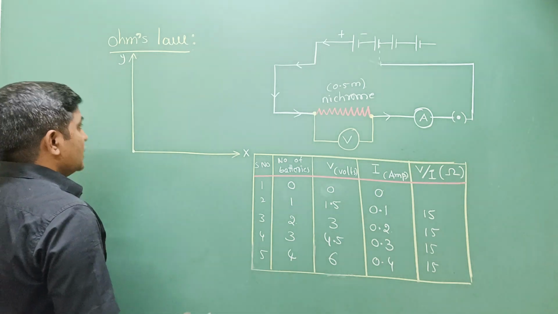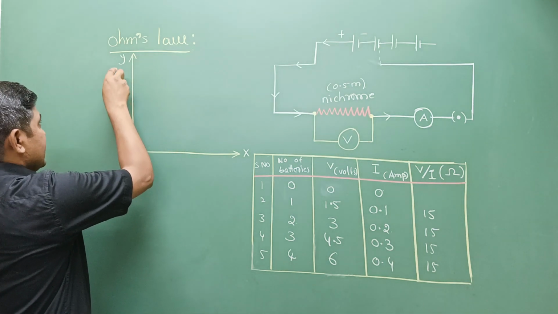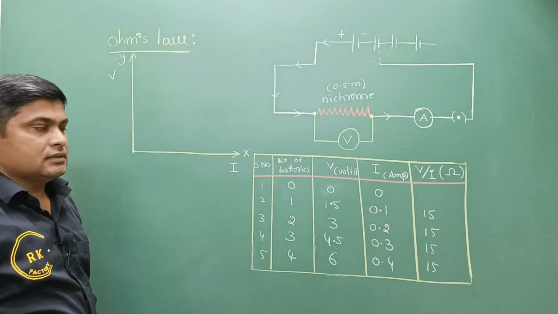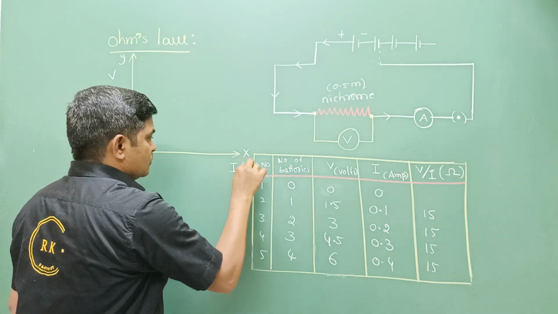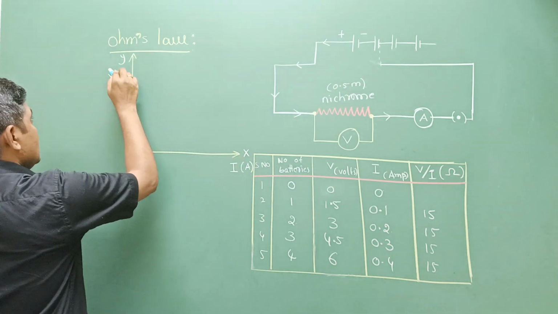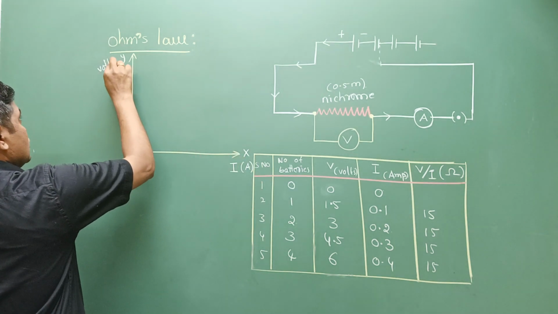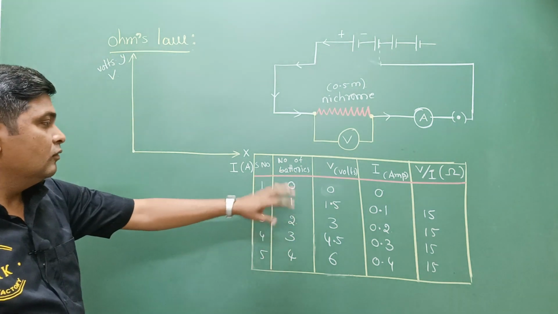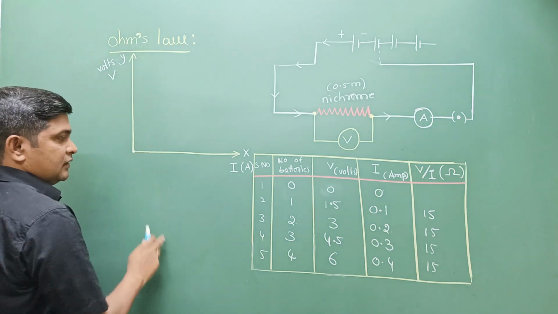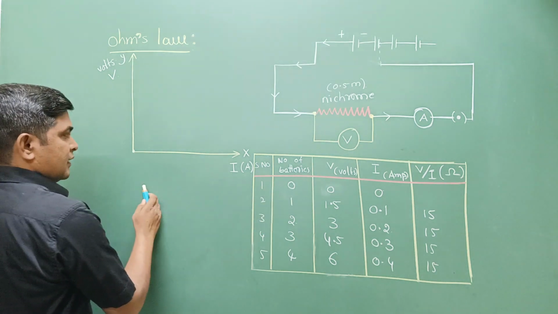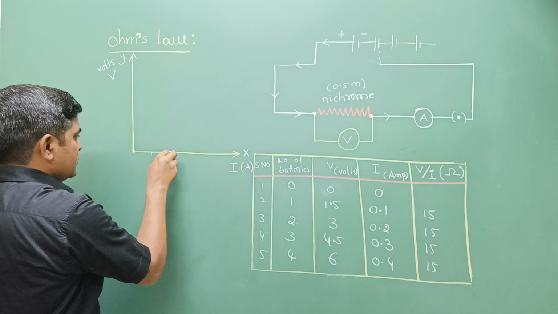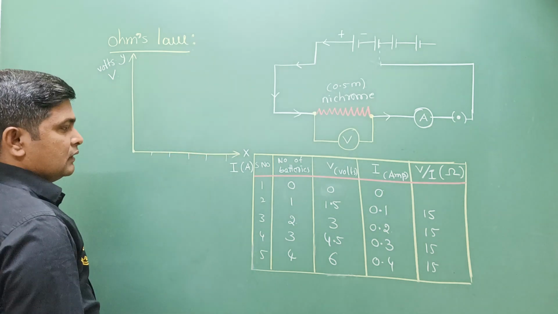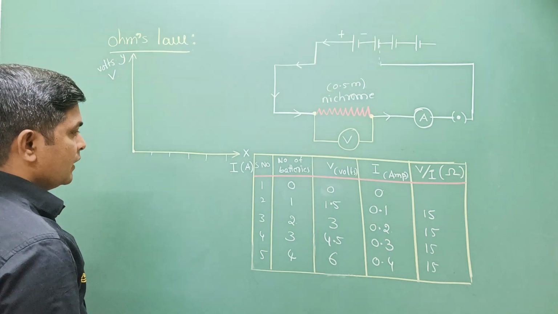Now we are going to discuss. Let me take the potential difference on the y-axis, current on the x-axis. This is going to be in amps. This is going to be in volts. So if I draw the graph, the points location for this, first one 0, 0 is there. Then let me take 0.1, 2, 3, 4, 5 like this.